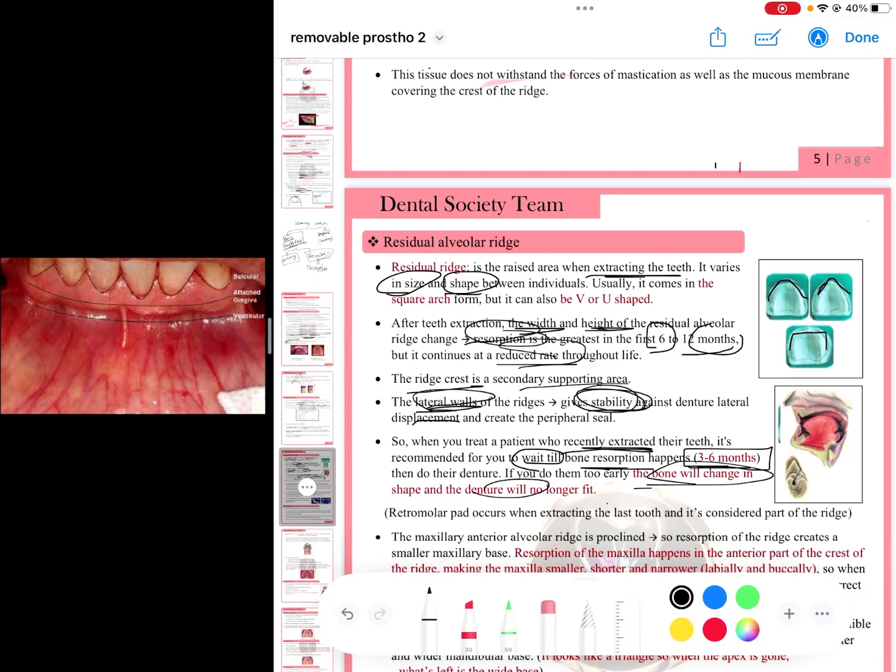It must be a minimum of 3 months ago. If he tells you he extracted his last tooth 1 month ago, you can't accept this patient, because the process of resorption is still fast. And if you make a denture, the ridge will all change afterwards and the denture won't fit. I told you this information before, about the retromolar pad, which occurs when you extract the last tooth.